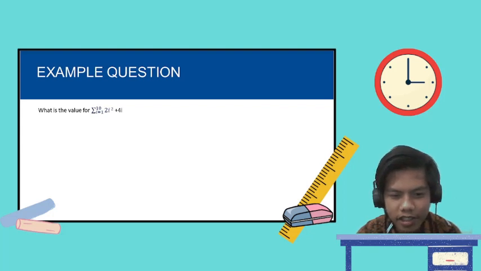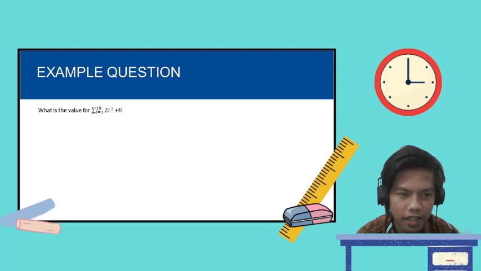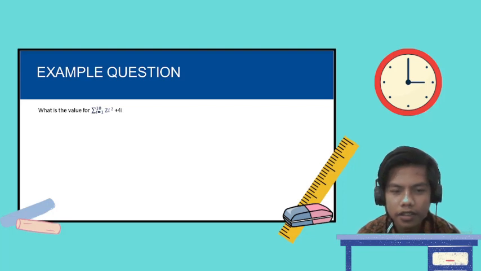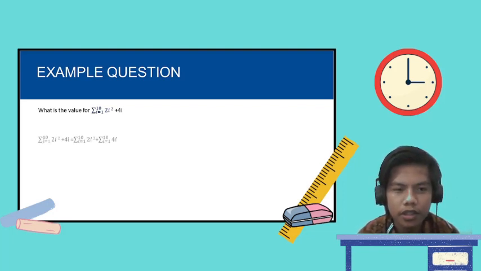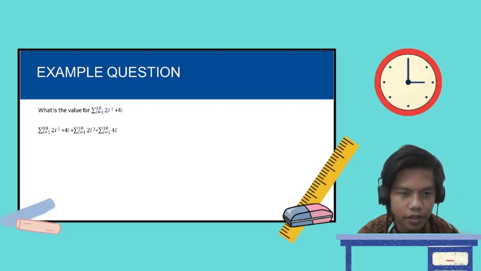Okay, the second question. The second question asks: what is the value of sigma from i equals 1 to 10 of 2 times i squared plus 4 times i? And we can write this formula with the third property, that can be equal to sigma from i equals 1 to 10 of 2 times i squared plus sigma from i equals 1 to 10 of 4 times i.